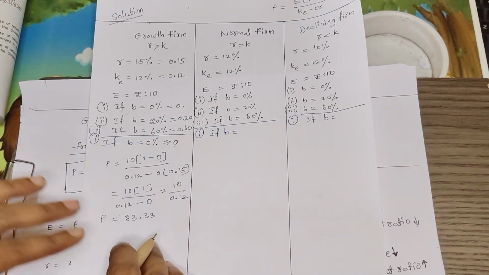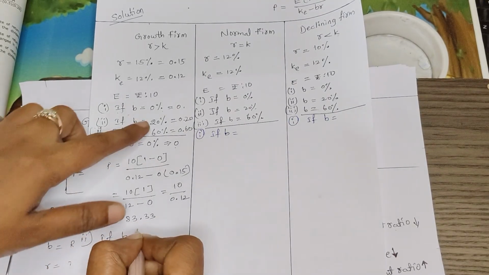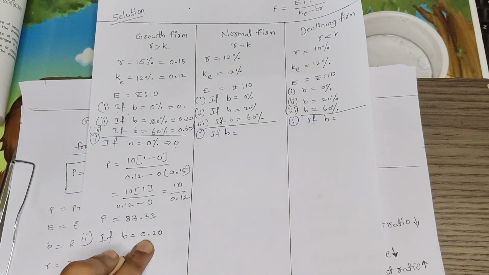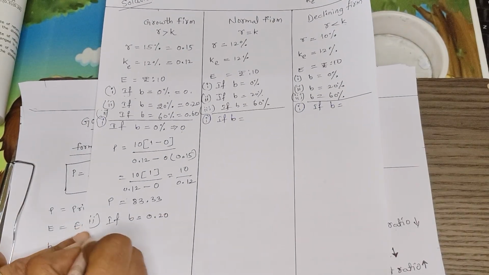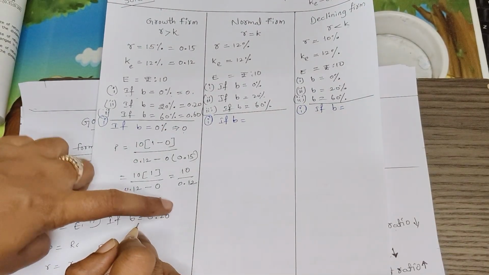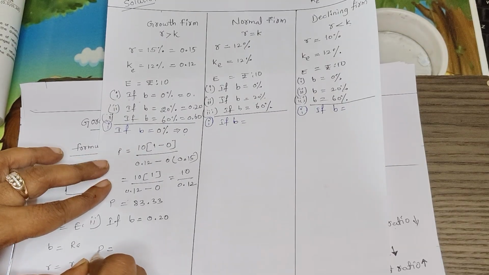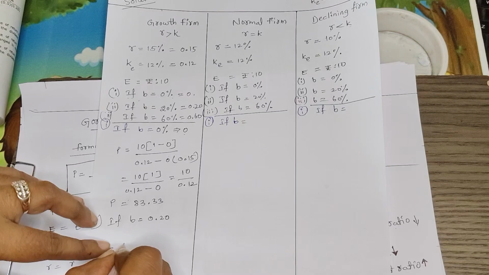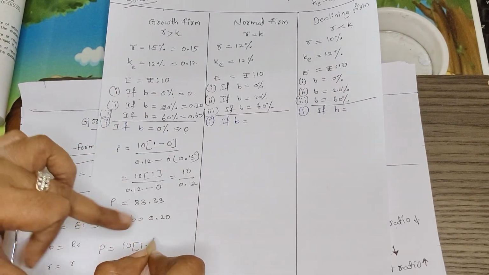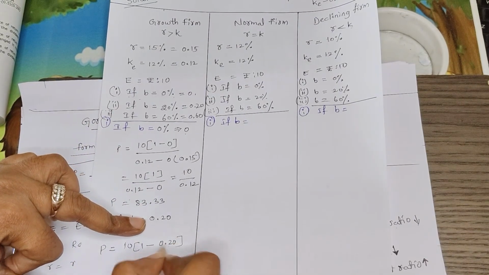And next, the second one. If B is equal to 20%, that is nothing but 0.20. If B is equal to 0.20, what is your P value? So the same formula we are applying. Instead of 0, we are applying 0.20. The remaining values are all the same except the B value. So P is equal to E value 10 into 1 minus B. Here we are changing the B value. Instead of 0%, we are applying 20%, that is 0.20.